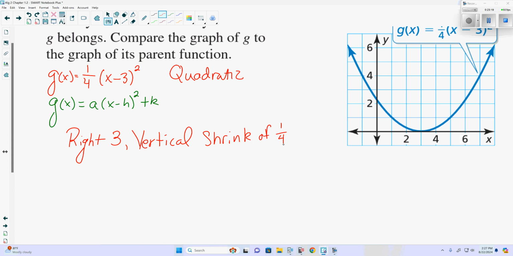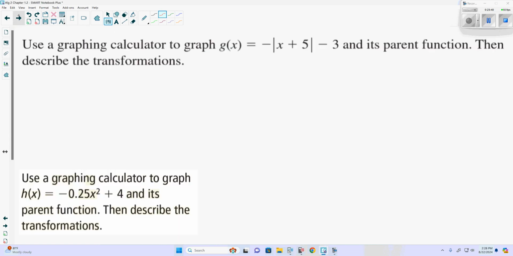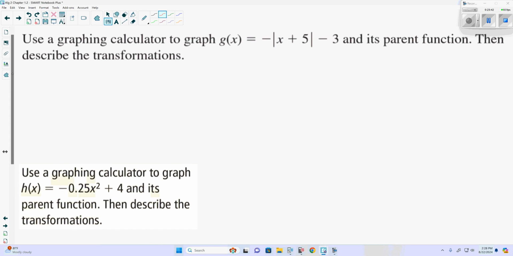Now, because the 1/4 is positive, there is no reflection. So the only two transformations for this one are a right 3 and a vertical shrink of 1/4. That's it. Questions on this here? Are we ready for the last two? Yes, both of them are.